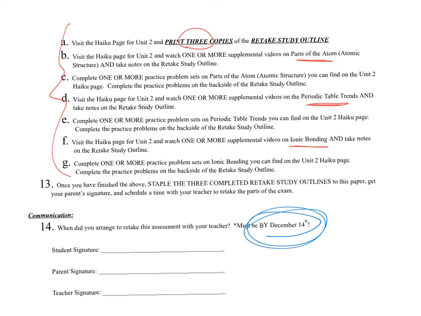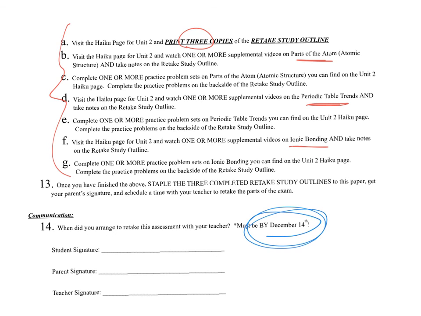Okay, so once you have all 3 of those papers filled out, front and back, with the notes and practice problems, then you can come in by Friday. So Friday at second lunch is the last day to come in and retake this quiz.